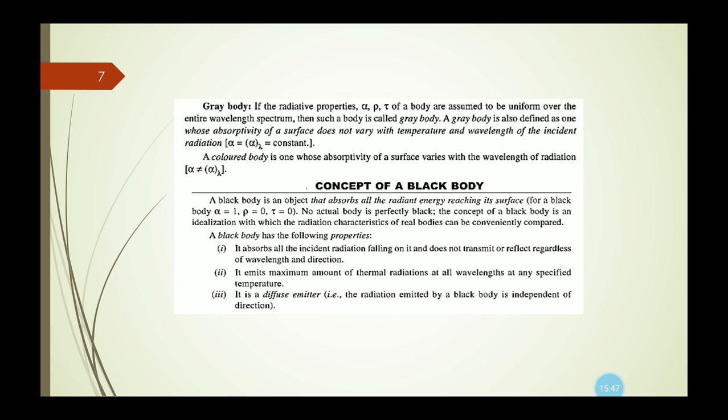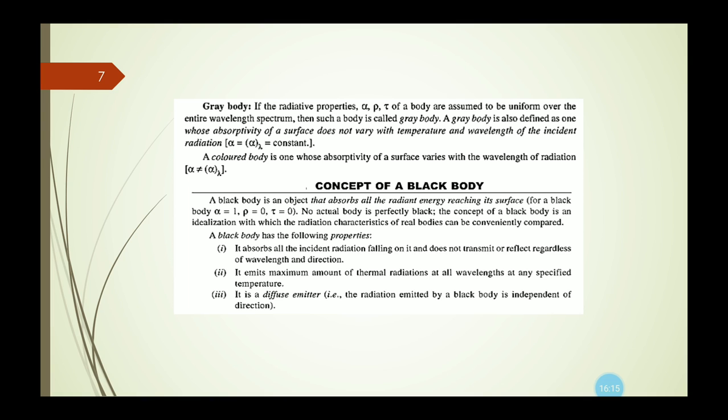Now we have seen that in case of a black body, the absorptivity equals 1. That means it absorbs all the radiant energy reaching its surface. And in this case of a black body, the reflectivity and transmissivity are 0. But in real life or in practice, there is no existence of a black body.